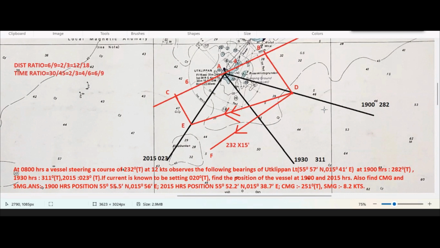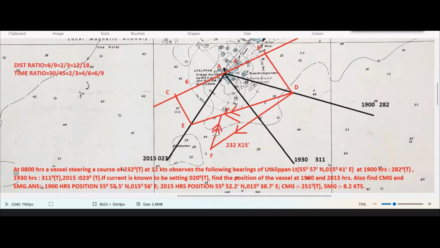After this, from F, draw the current 0 to 0. I am drawing the 0 to 0, and these are my 3 arrows, only direction, up to the course made good line so that I complete the triangle.